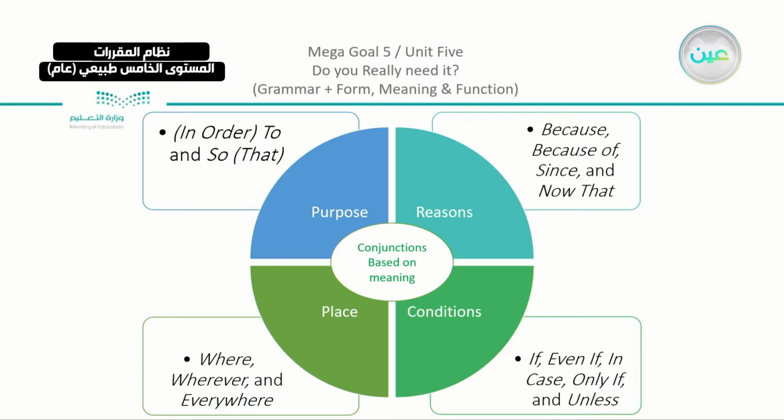It can also indicate purpose, which means that I can use either in order to and so, or you can say so that. And also it can indicate the place, using where, everywhere, and whenever. Or sorry, wherever. Now these are the 4 parts.